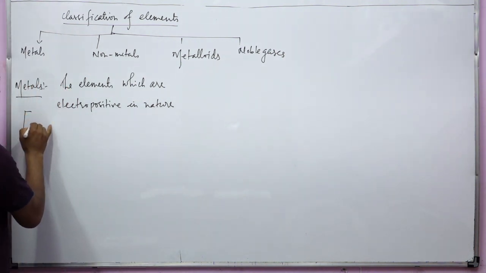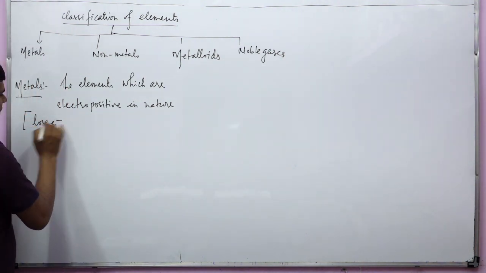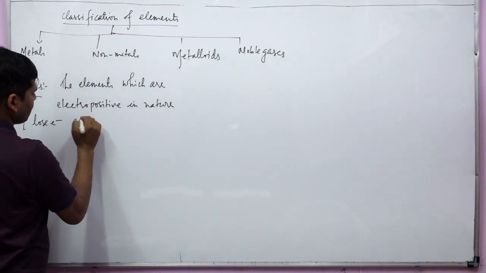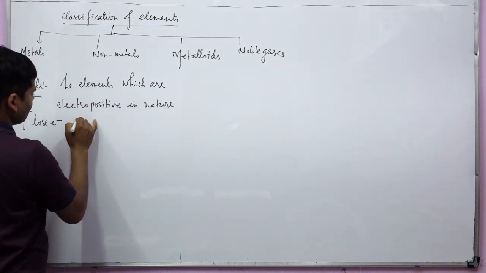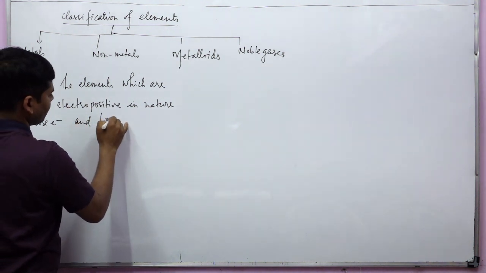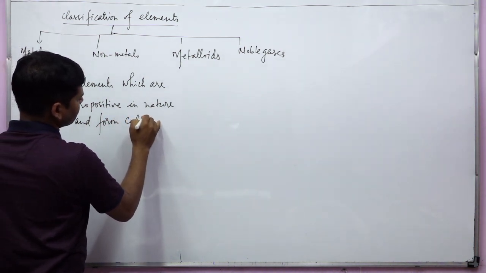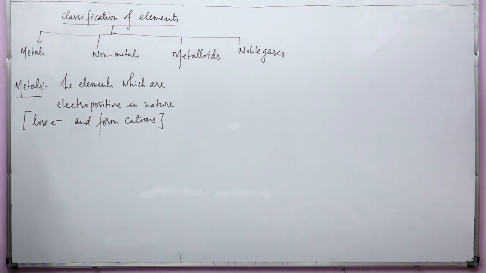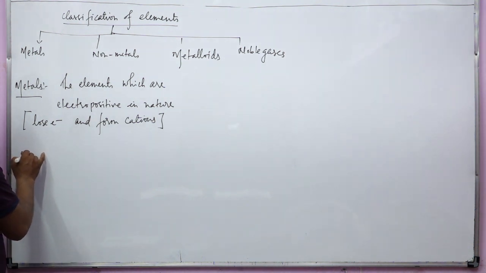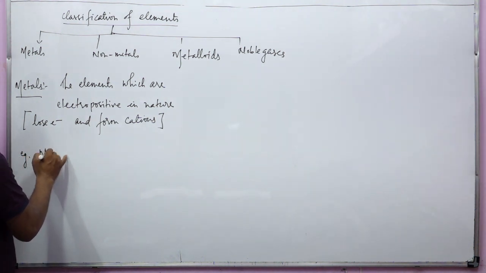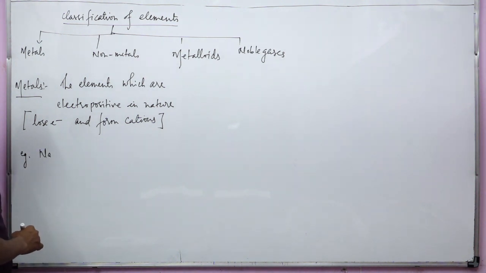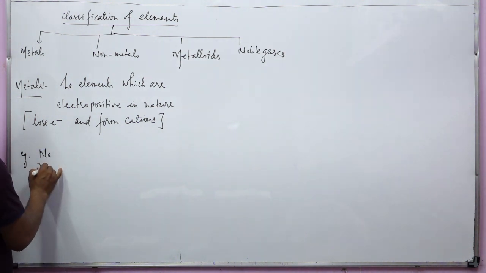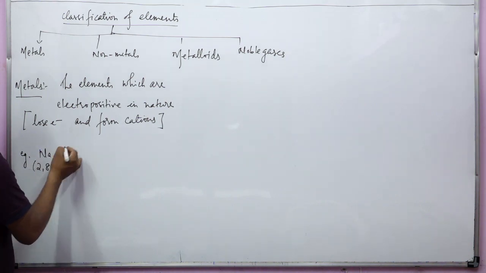Electropositive in nature means they lose electrons and form cations, and cations are positively charged ions. For example, sodium is a metal atom. Electronic configuration is 2, 8, 1.